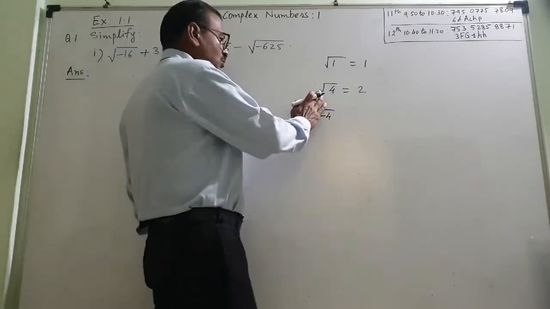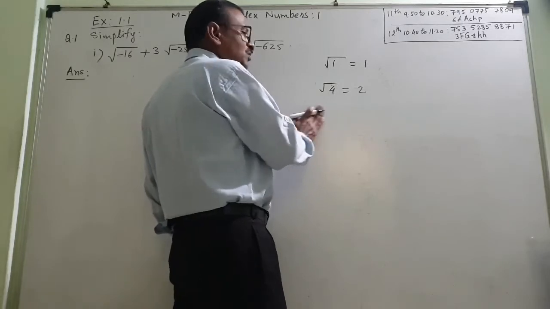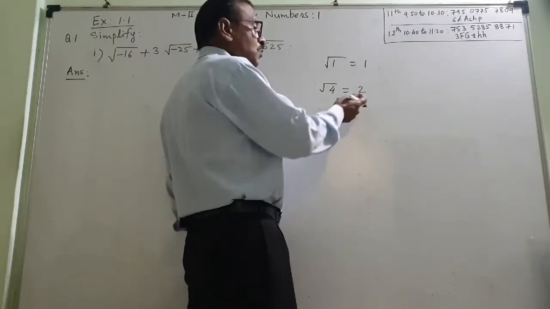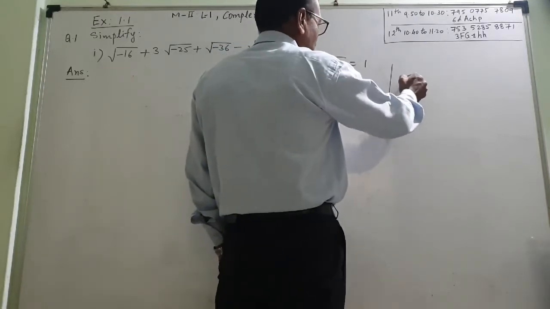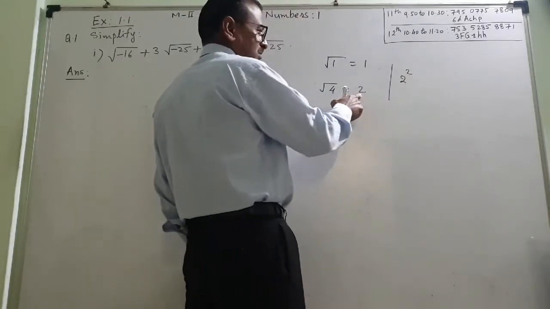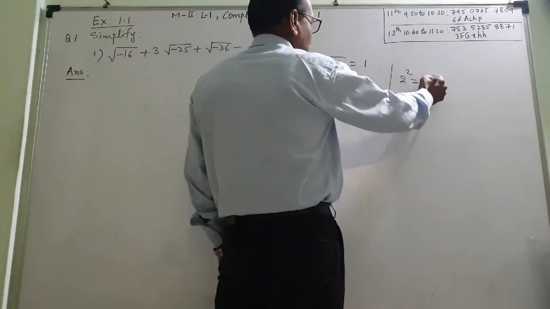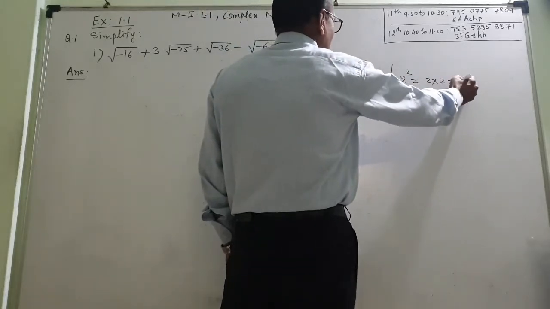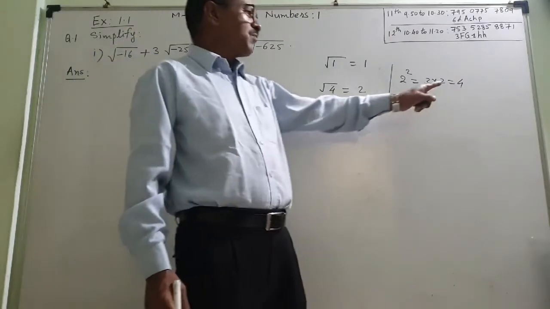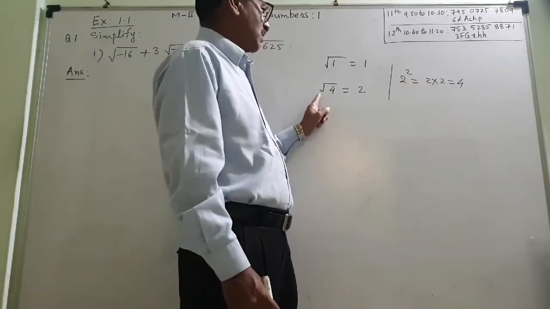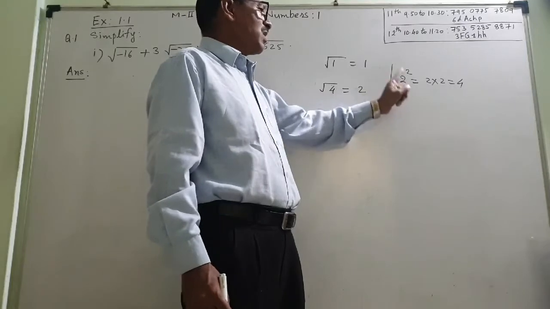So root of 4 is 2, you can say plus or minus 2. Why? Because if I do 2 square, it will come 2 into 2 and that is equal to 4. That's why under root of 4 is 2, because 2 square is 4.